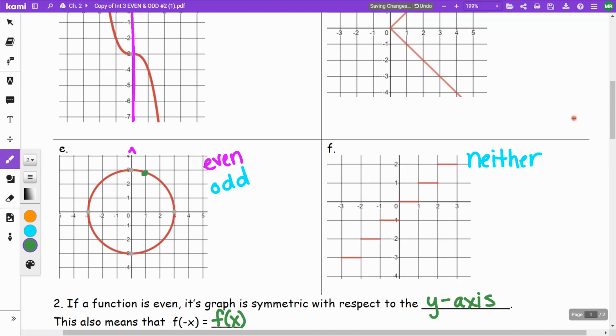At -1, I got the opposite of that value. You can see that that would be odd. Now it's also even because my +1 gave me this value and the -1 also gave me that same value. That makes it even. Getting the opposite when I put in a -1 of this makes it odd.